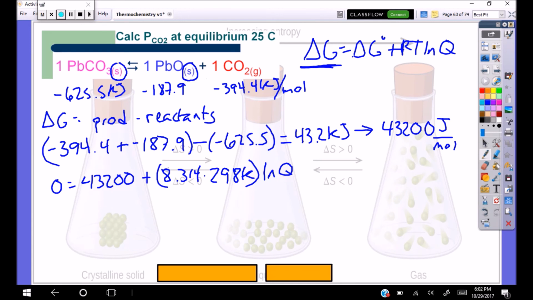Alright, so I get negative 43200 divided by 8.314 times 298, and this is going to be equal to natural log of Q. We get the negative because I just moved my terms over and divided to get natural log of Q by itself.